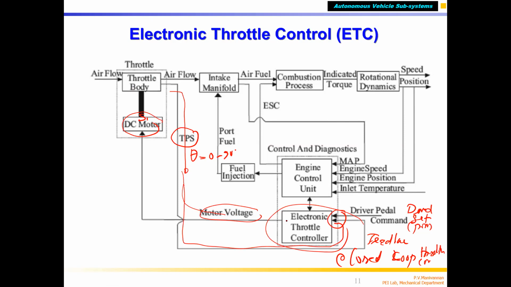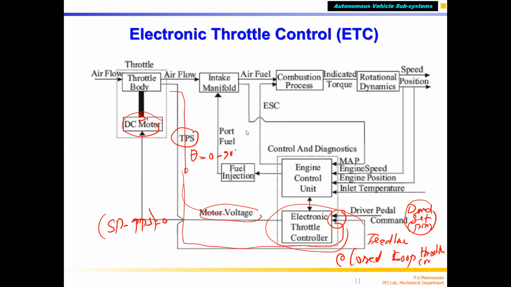So now it controls. The electronic controller sees that the difference between the set point and the TPS sensor should be 0. That means whatever the driver demands is maintained by the electronic controller. This is how the electronic throttle controller works.